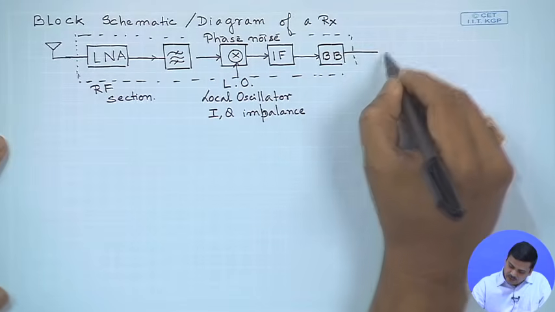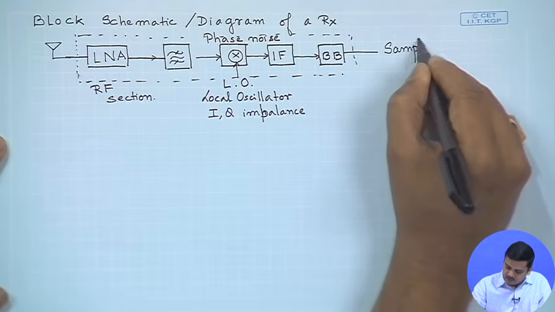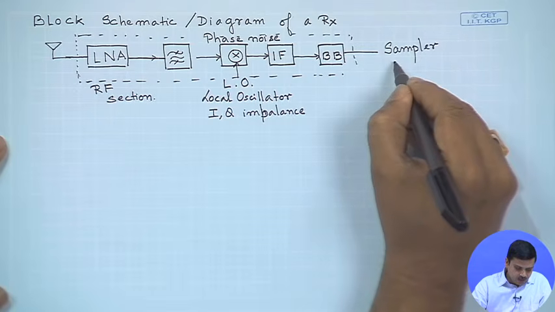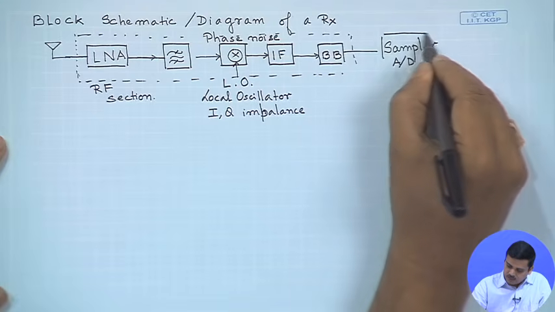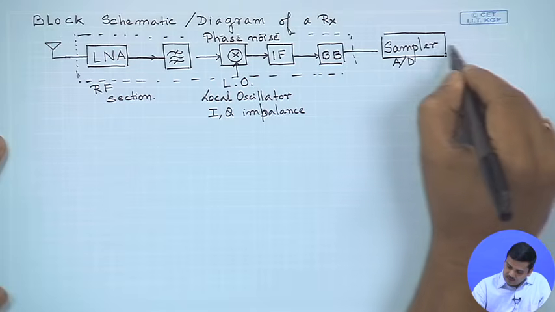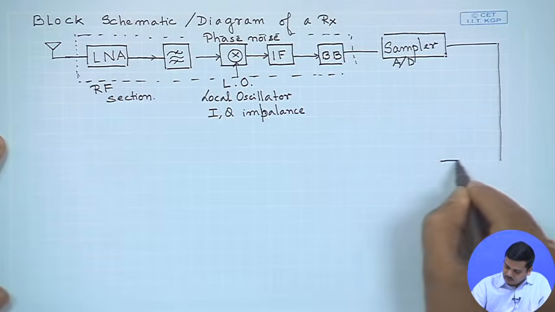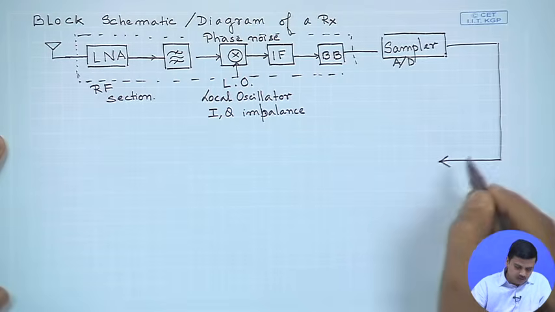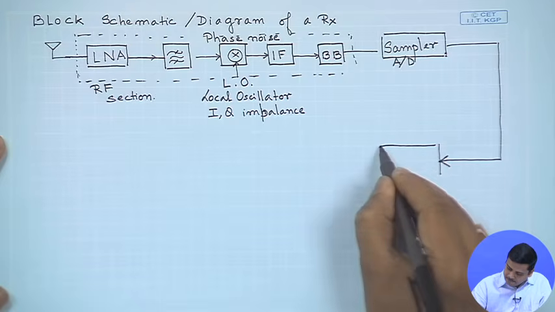So here, when it gets converted to baseband, you have the sampler and or the AD converter, analog to digital conversion. So once you have the sampler, you get samples out of it. Next part is interesting, which is the packet detection.